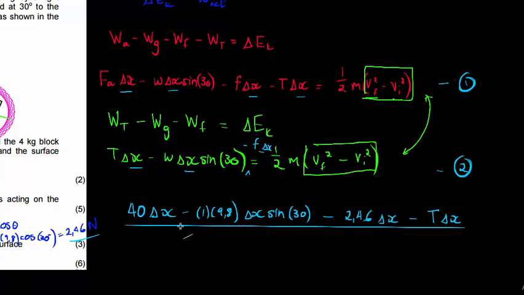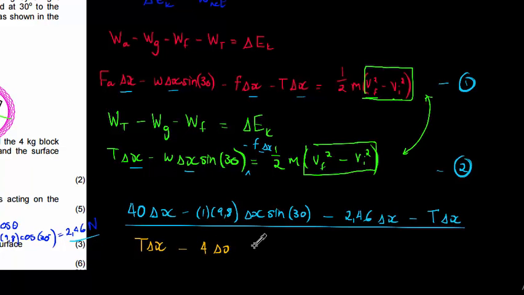So the left hand side, I'm going to divide with the left hand side of my second equation. Then we get the T delta x again. T delta x is unknown, both of them. This one's mass is 4 kilograms. Delta x is still unknown.